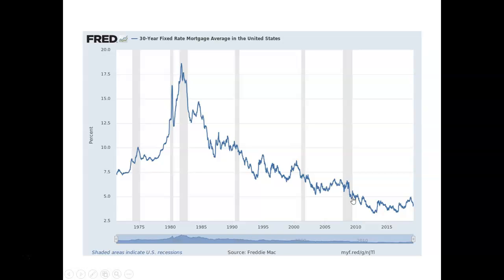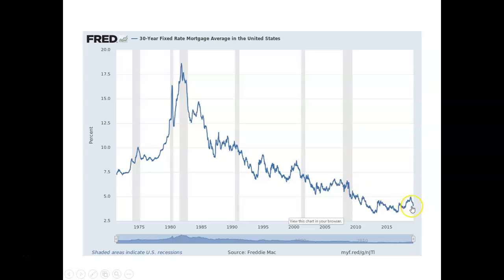With all the stimulus that the United States government and the central bankers around the world threw at the financial crisis, it drove interest rates to these low levels. And you can see here that we have been below 5%. Right, here's the 5% mark over here if you can see my cursor. We have been below the 5% rate on the 30-year mortgage ever since the financial crisis.